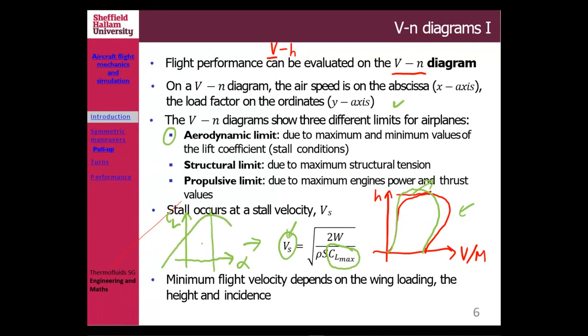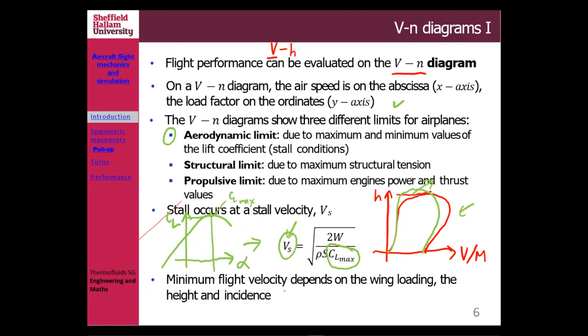Before your aircraft stalls, you could reach CL maximum at that point. The speed at that point we call the stall speed; below that, your aircraft could stall. That could be expressed in this equation: 2 times your aircraft weight divided by rho S CL max.